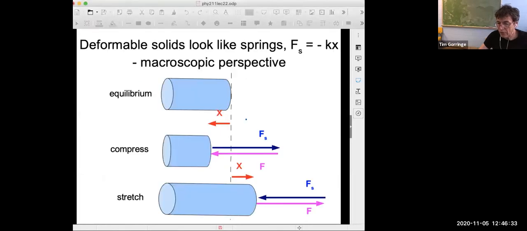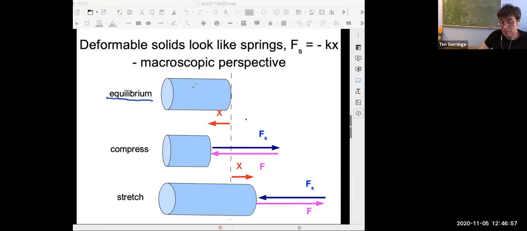Okay, so here now is my macroscopic picture of me deforming a steel rod. In the top picture, this is the steel rod at its natural length, its equilibrium length.